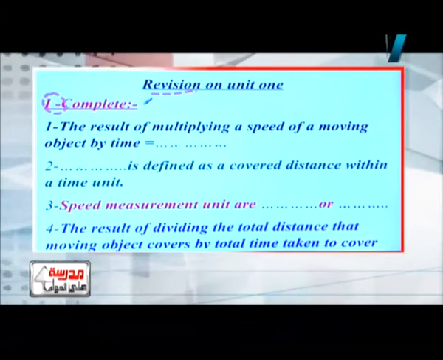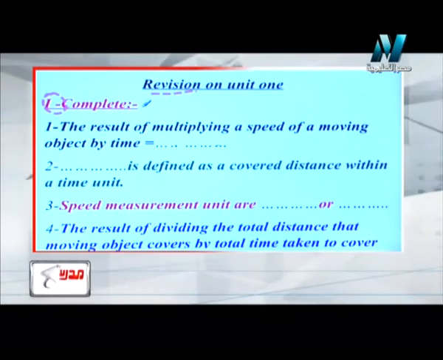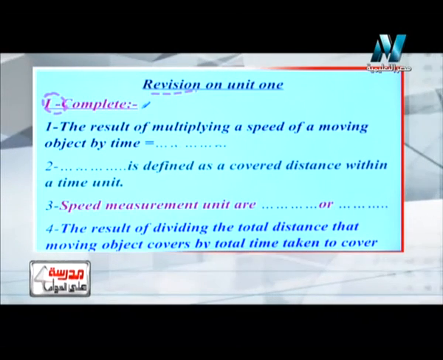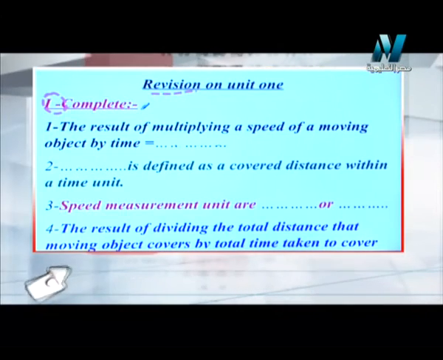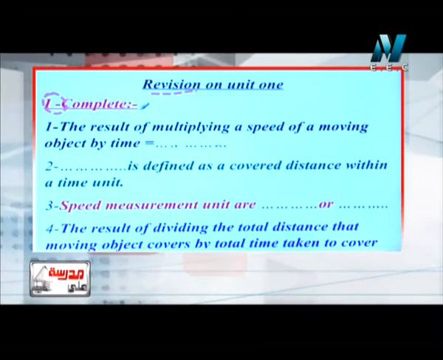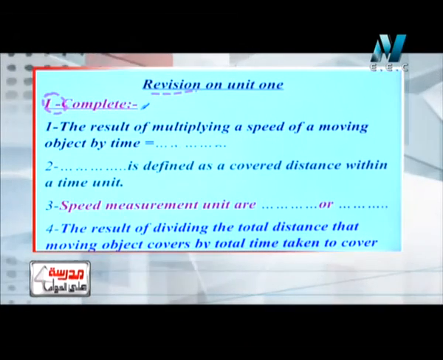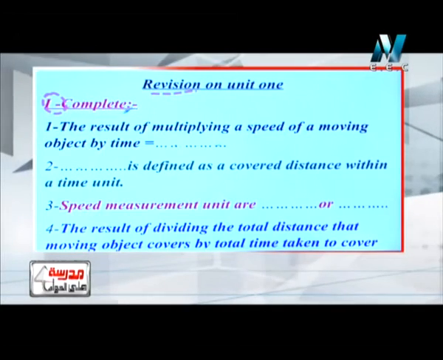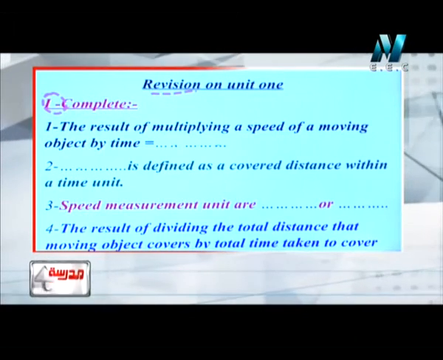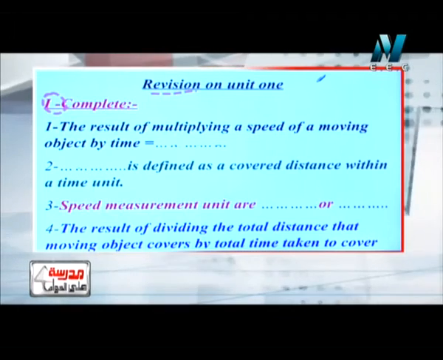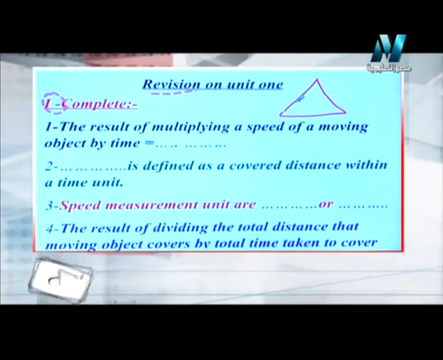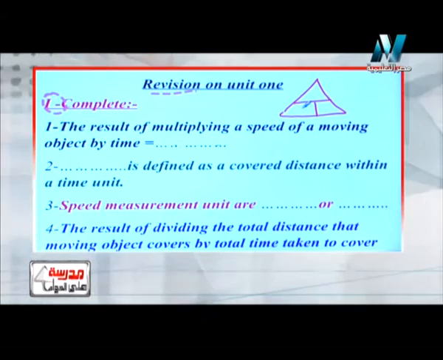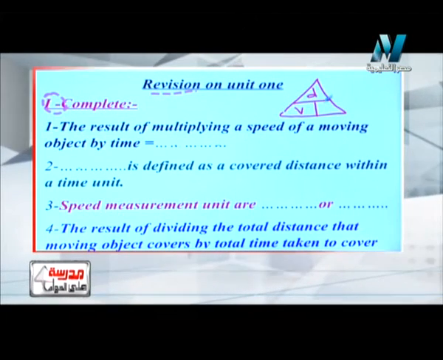Number 1, the result of multiplying the speed of a moving object by time. Here we talk about a rule or mathematical law. So we should write the magic triangle as we remember. Here we have a triangle like that, and we can write here speed equals what? Distance over time.